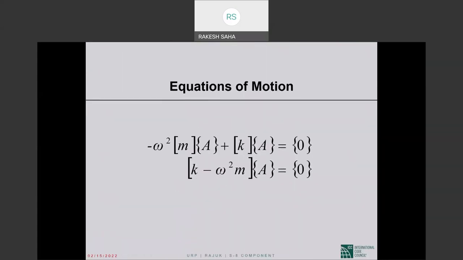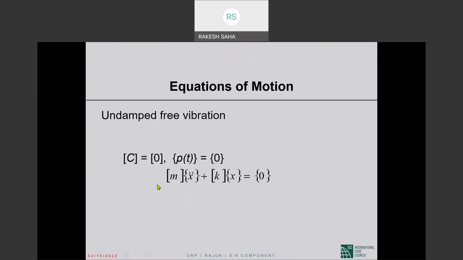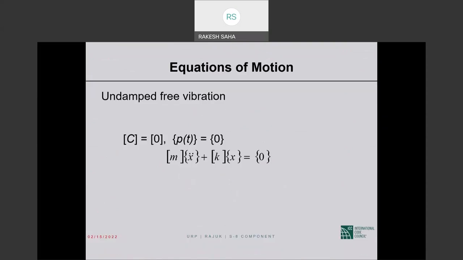So this is our equation, m times acceleration vector plus stiffness matrix times the displacement vector is the null vector.